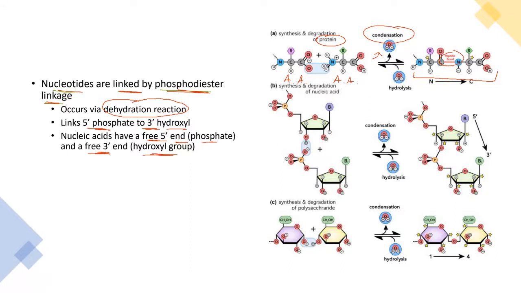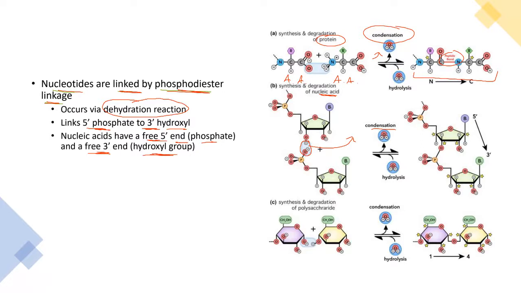Now let's look at the synthesis of a nucleic acid, and the same thing happens. This hydrogen from here and this OH from this phosphate group are going to go away. We get rid of them via dehydration or condensation reactions, and now we've brought two together.